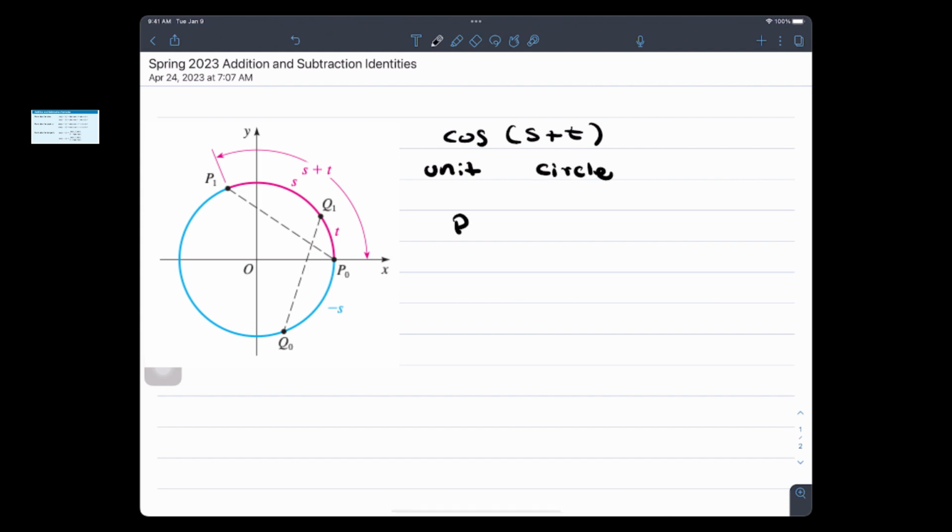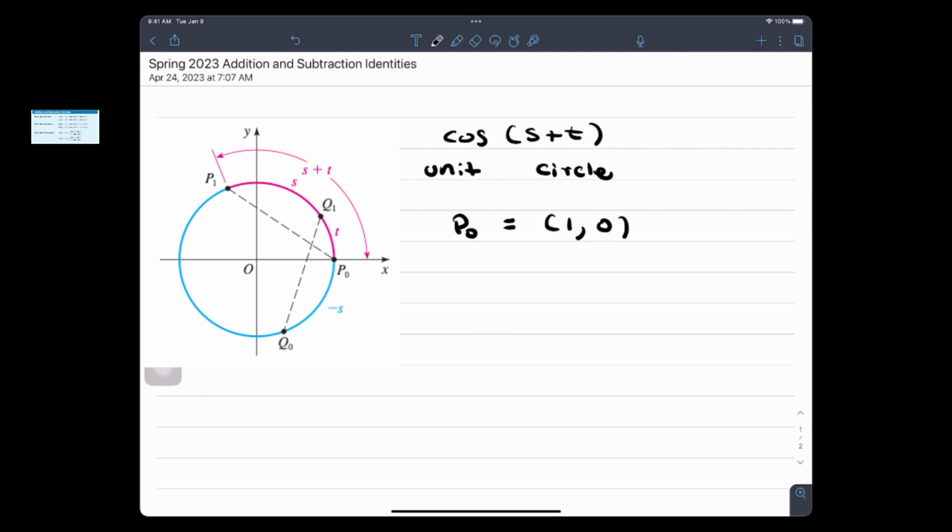So what that means is that P naught is defined to be at the location where the x value is 1 and the y value is 0. I'm going to share with you where this cosine of a sum comes from. Now remember our circular function definition of sine and cosine. These are x and y values on that unit circle.